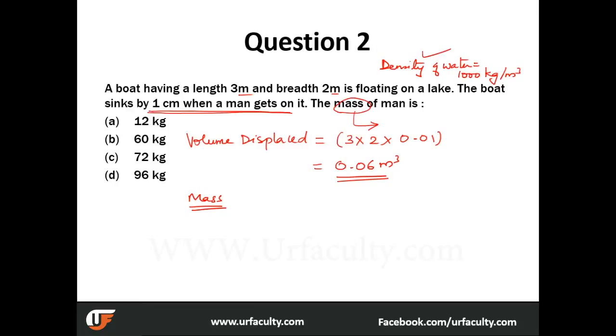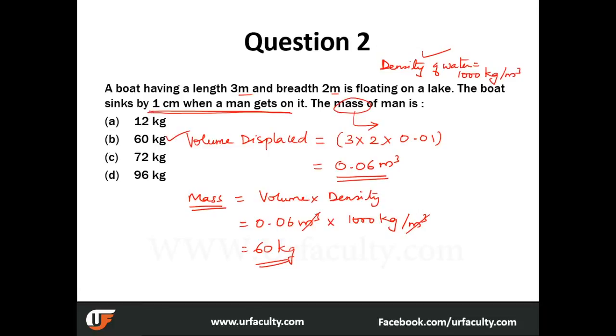With this density of water and the volume, we will be able to arrive at the mass of the man. So mass is equal to volume into density. Volume is 0.06 meter cube and density is 1000 kilogram per meter cube. The units cancel and you have 60 kilogram, which is the weight of the man.